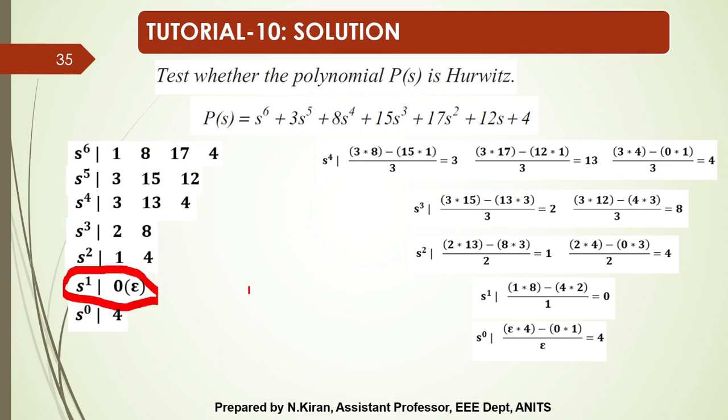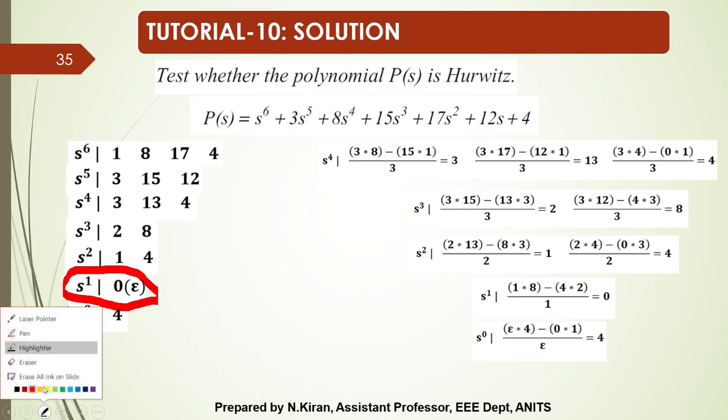After we obtain the required Routh table, or we can call it the Routh array, for the given polynomial, the condition that one should check is that the first column of the Routh table should have all positive coefficients. There should not be any sign changes in the first column.